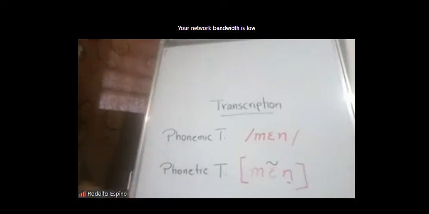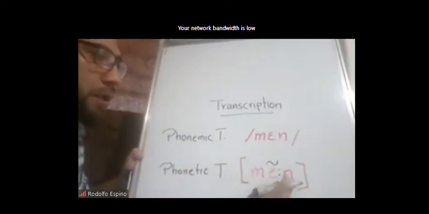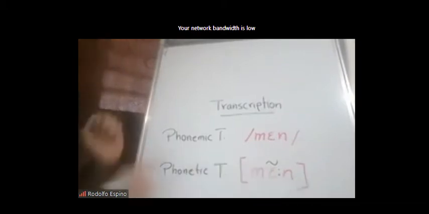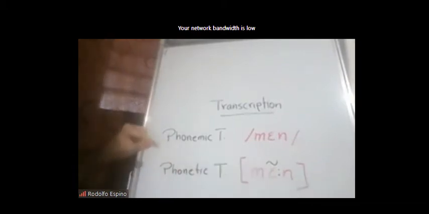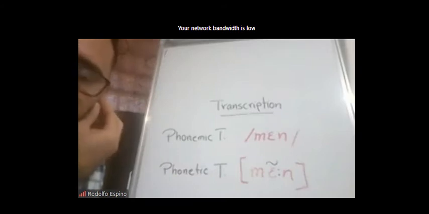And then it will also make the e sound a little longer. So in other words, in phonetic transcription, you will include all the details about all the possible phenomena that apply or influence every single sound in the transcription.